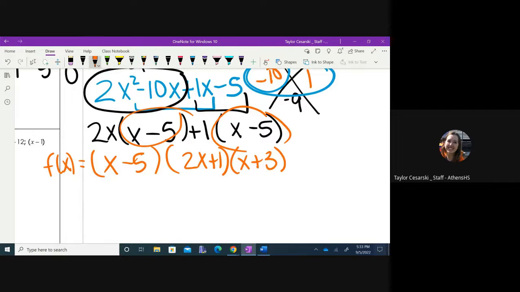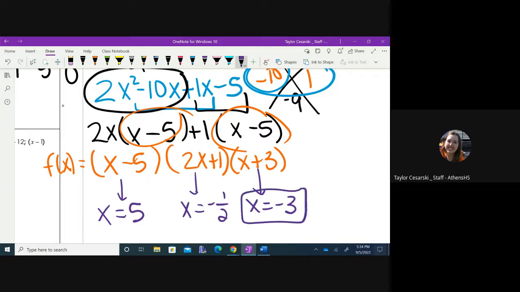So that would be it written completely in factored form. So then lastly, to get the zeros, remember you set them all equal to 0. So I get x equals positive 5, x equals negative 1/2, and x equals negative 3. Those would be your 3 roots of the polynomial. Okay, so you'll have a little bit of time to practice this, but that's kind of an overview and review of synthetic and long division.